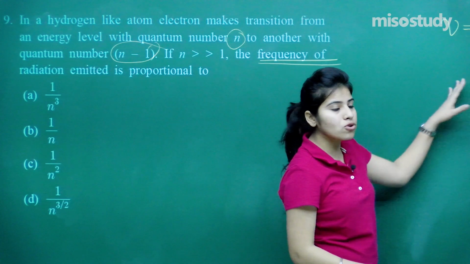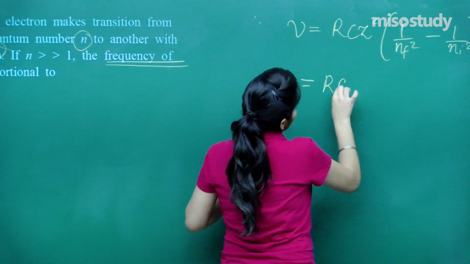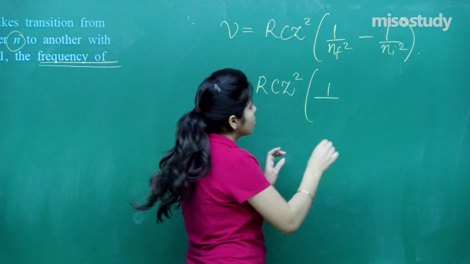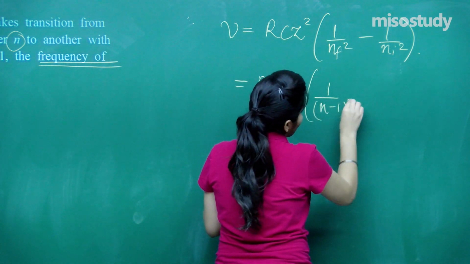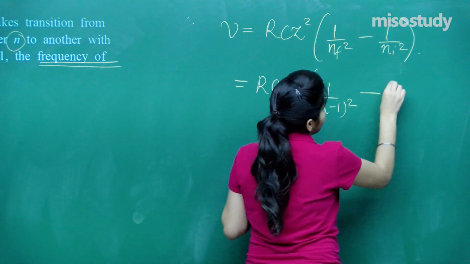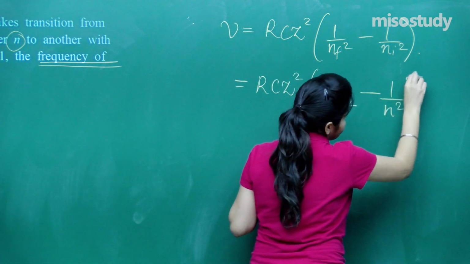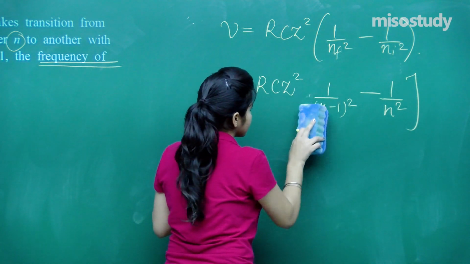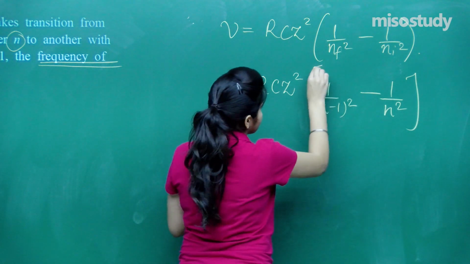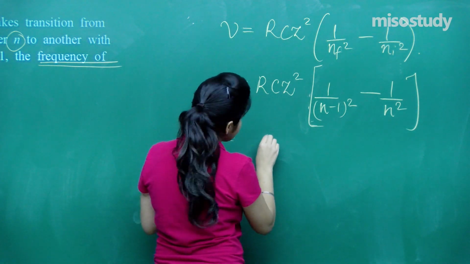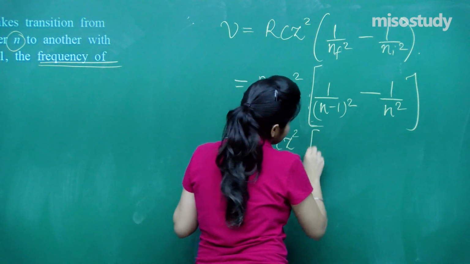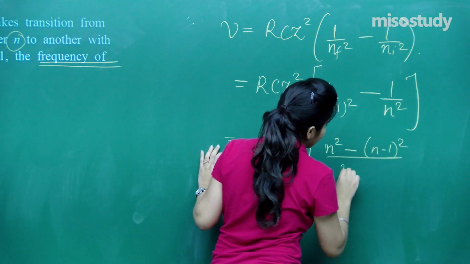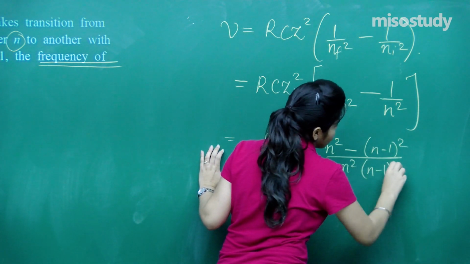So we are going to put over here RC(Z) square into (1 upon (n minus 1) square minus 1 upon n square). So we can solve for this. Just open it, we will have (n square minus (n minus 1) whole square) divided by n square into (n minus 1) whole square.